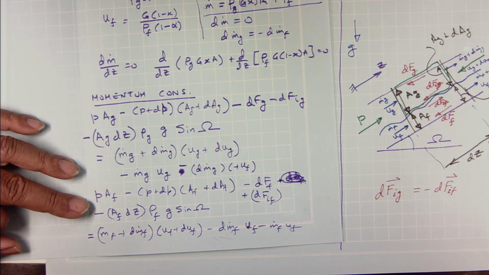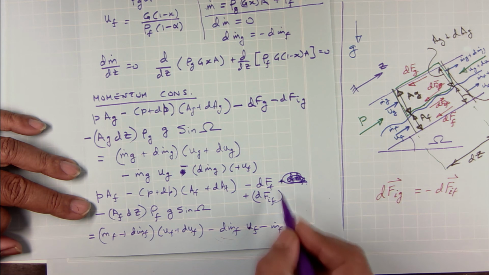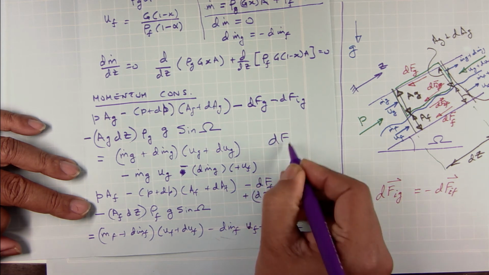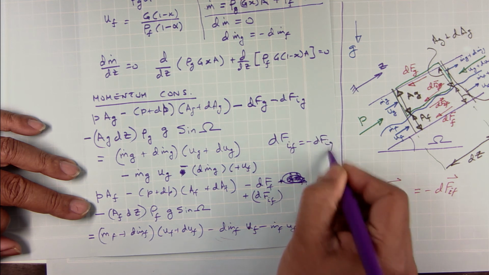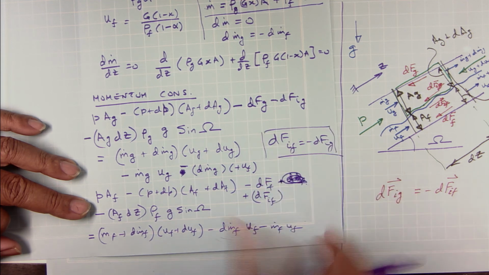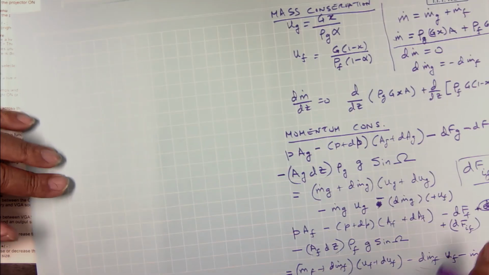All right. Now, for steady flows we know that this dF_if is equal to minus dF_ig, okay, under steady state conditions. So, if I add both of these two equations, what will I end up with?